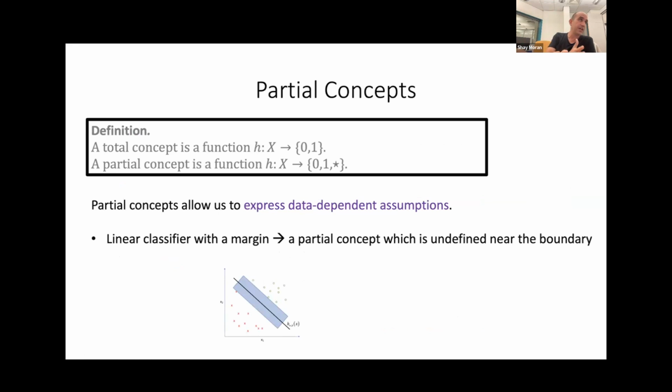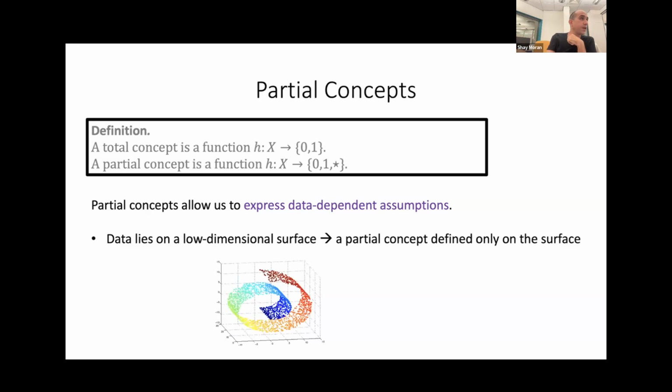On the negative side, far away from the boundary, it is negative. And close to the boundary, it is undefined. And then when we get examples consistent with this partial concept, we will never see examples in the margin, close to the boundary.